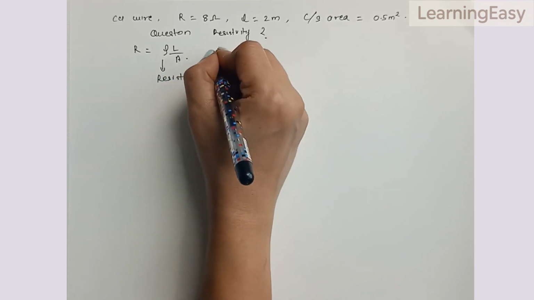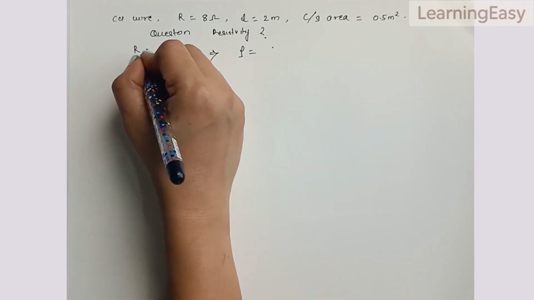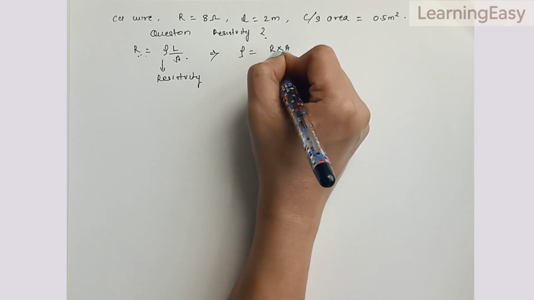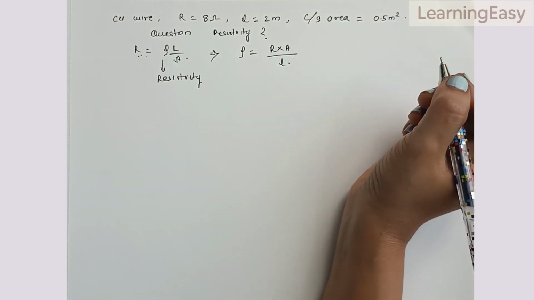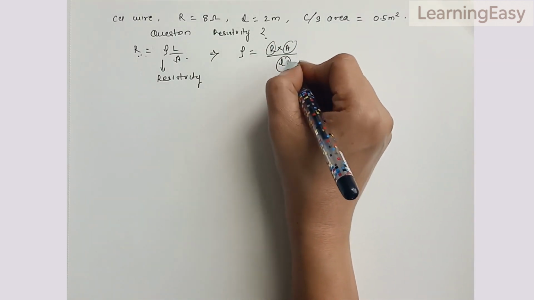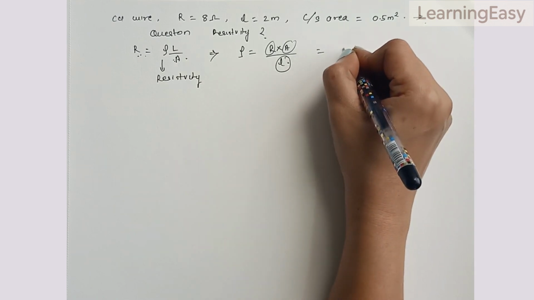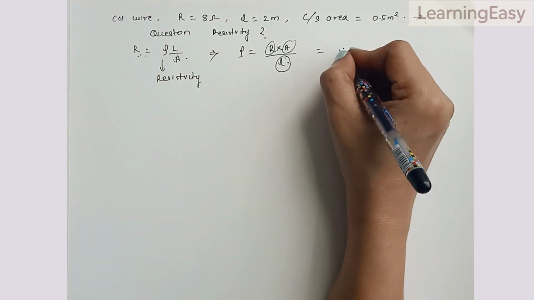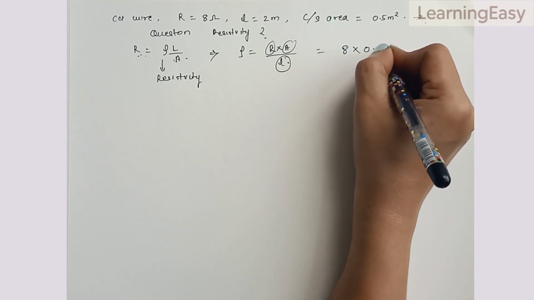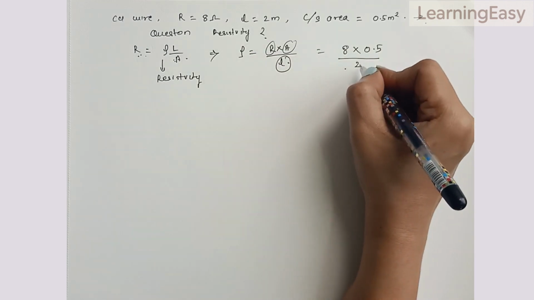From this formula, we found resistivity as R multiplied by A divided by L. Now putting the values of resistance, cross-sectional area and length in this equation, R is 8 ohm, area is 0.5 meter square and length is 2 meter.